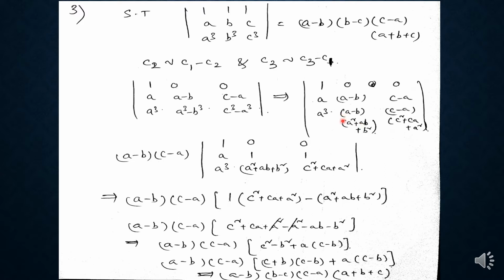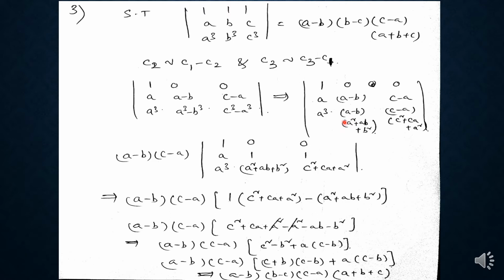So here (a − b)(a² + ab + b²), so that we can take a − b as common, because a³ − b³ can be written like this. For the third column, 0, c − a, c³ − a³ can be written as (c − a)(c² + ca + a²).